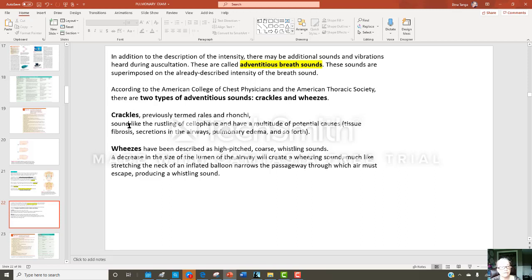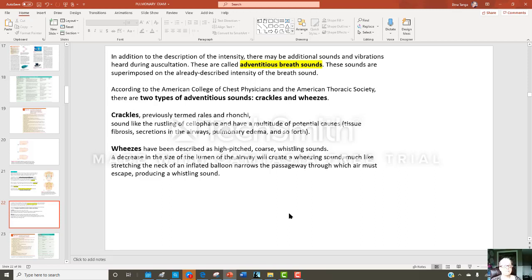Crackles, previously termed rales or rhonchi, sound like the rustling of cellophane and have a multitude of potential causes, such as tissue fibrosis, secretions in the airways, pulmonary edema, and so forth. Wheezes have been described as high-pitched, coarse, whistling sounds.